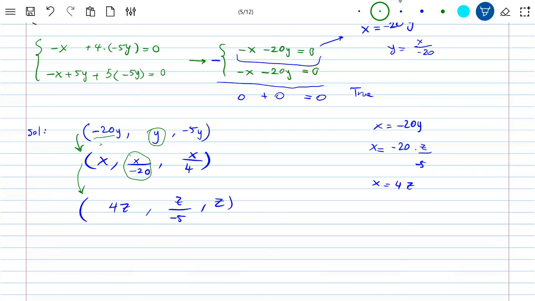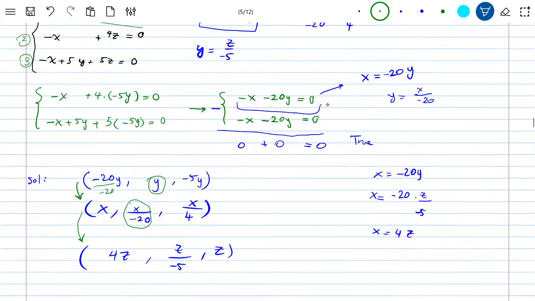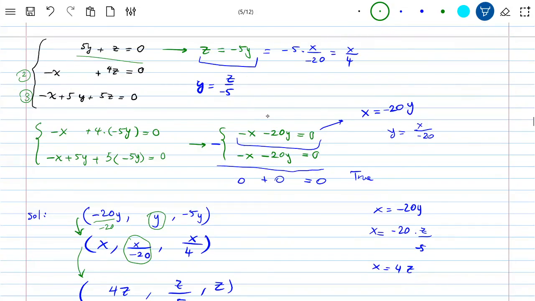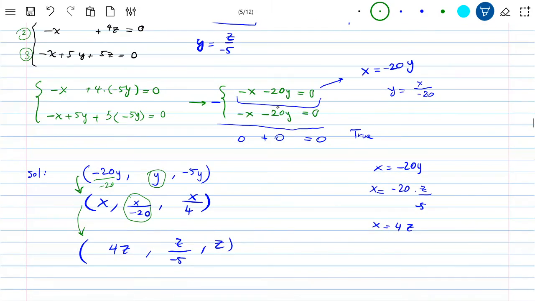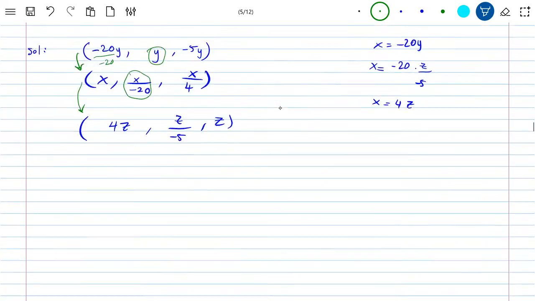Divide by negative 20, I got x divided by negative 20, then divided by negative 20 again, x divided by 4. It's just rescaling the coefficients. The relation was only dividing by a constant. But you have to go through this and solve it for the other variables. You just need to be careful in case of infinite solutions.